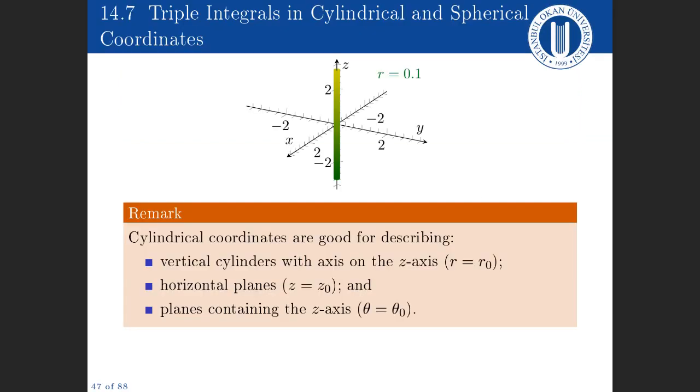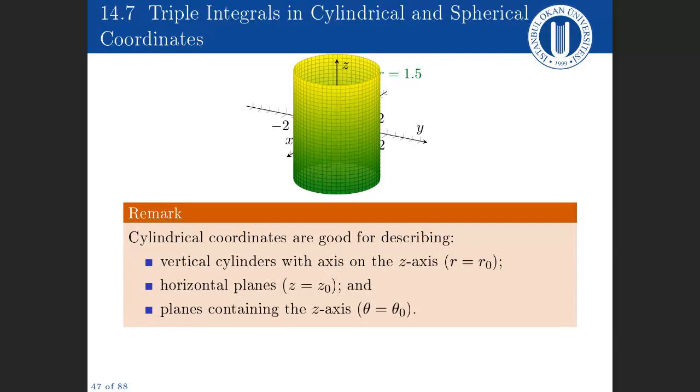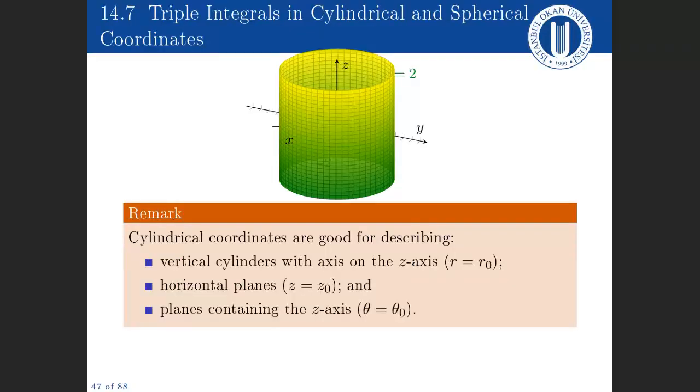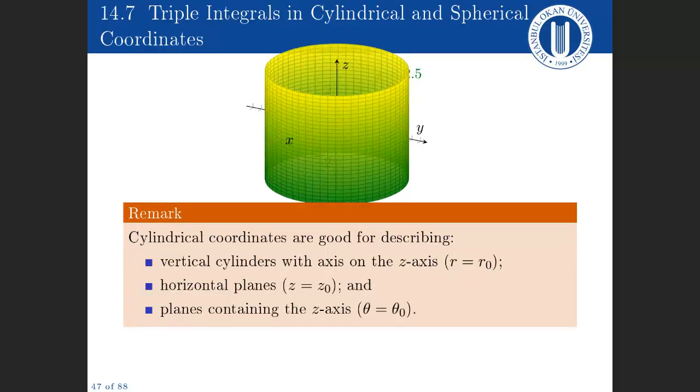Now, cylindrical coordinates are good for describing 3 things. First of all, vertical cylinders which have the axis on the z-axis, shown in the figure at the top. These are all r is equal to a constant. They're also good for horizontal planes.